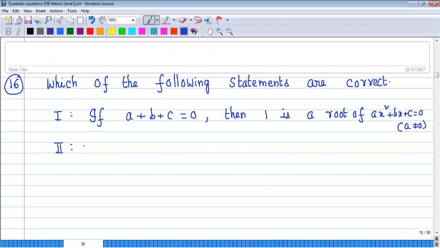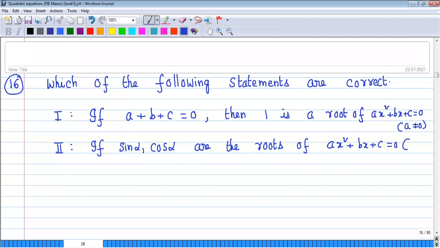Second, if sin alpha, cos alpha are the roots of ax square plus bx plus c is equal to 0, a does not equal to 0, then b square minus a square equals to 2ac.